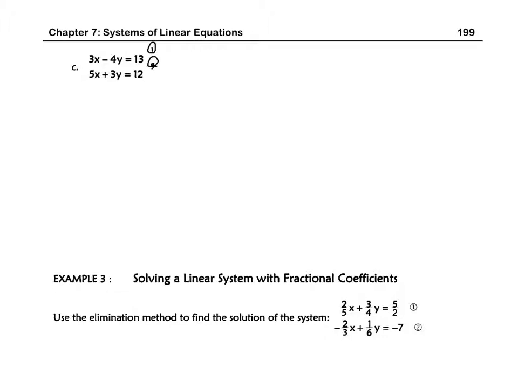And if you look at the numbers 4 and 3, 12 is a common multiple of 4 and 3, so that would mean I would need to multiply the top equation by 3 to get a negative 12 in front of y, and the bottom equation by 4 to get a positive 12 in front of the y. So 3 times equation 1 would be 9x minus 12y equals 39.